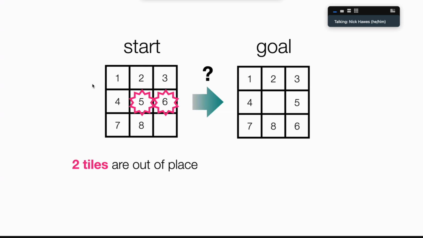And so far, we've only thought about the cost of a plan in terms of the number of actions. So in this case, when we first see a heuristic, we're going to think about estimating the number of actions required to reach the goal.